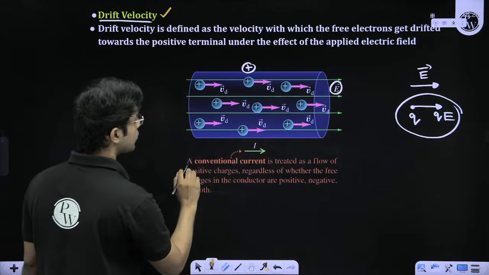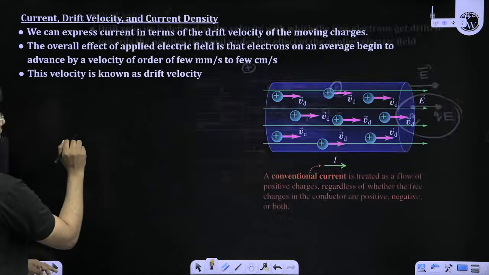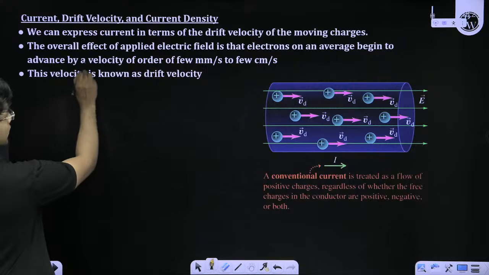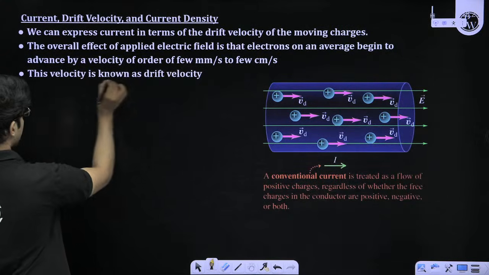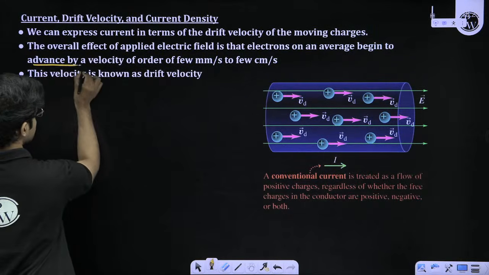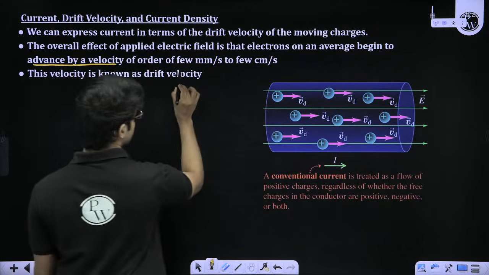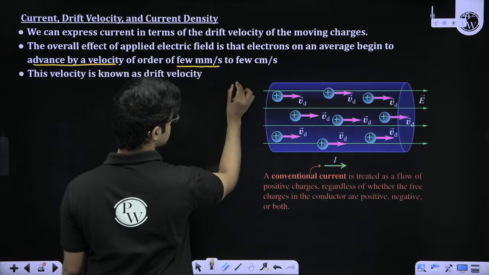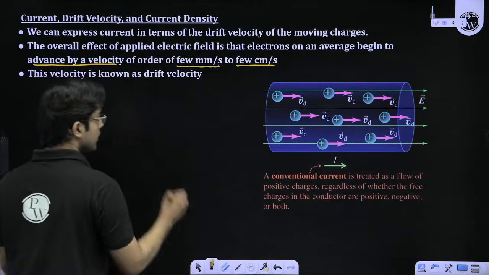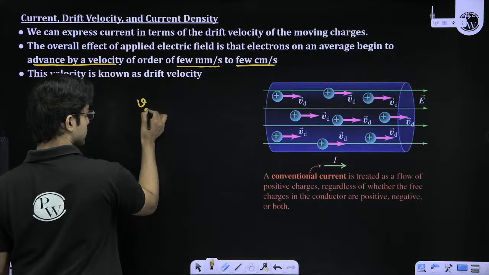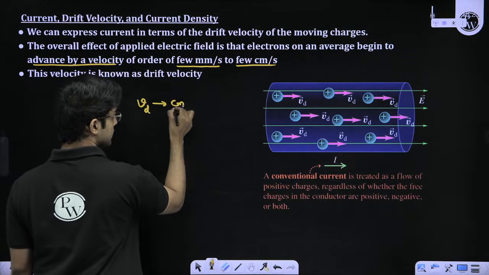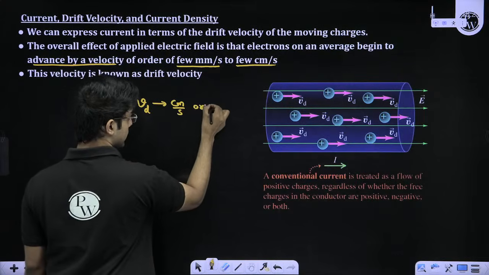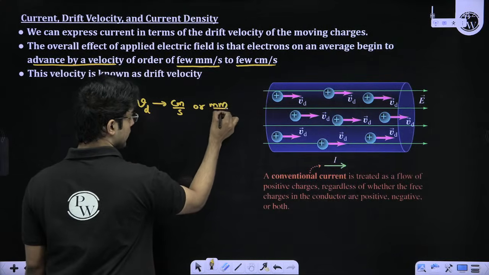A very important thing to notice here is, I think I wrote it here, yes. When we apply the electric field, the electrons on an average begin to advance by a velocity of the order of a few millimeters per second to a few centimeters per second. So this drift speed is not very high. It is a very small speed. Its order is centimeter per second or millimeter per second. It's a very, very slow speed.